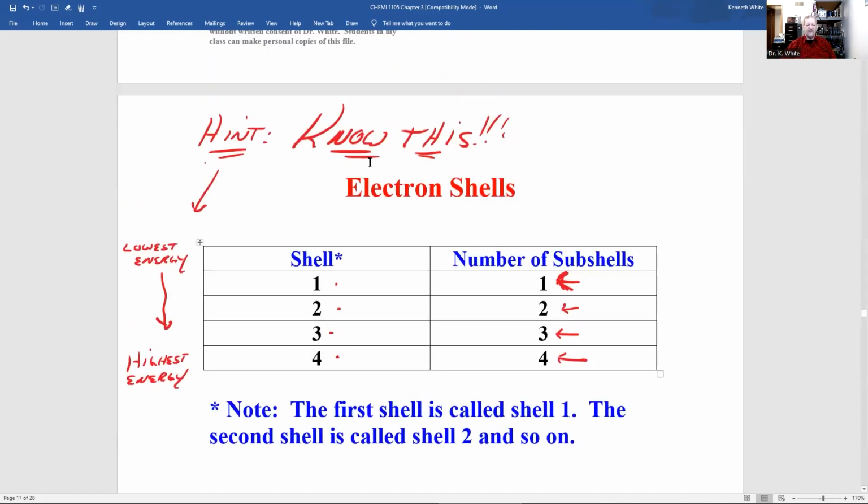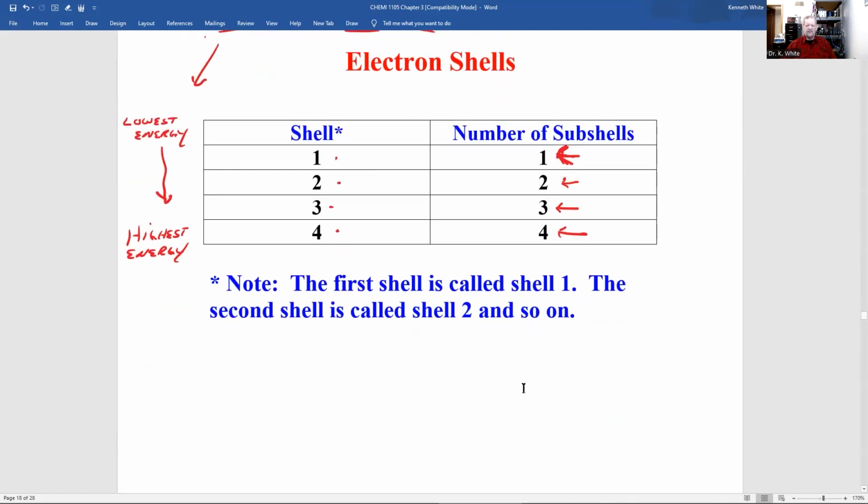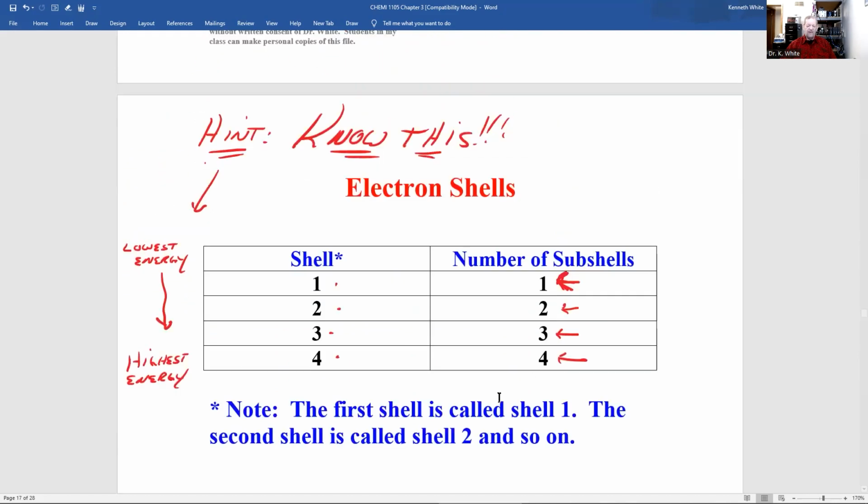Now, one of the things I came up with a couple of years ago when I was challenged in a good way by another faculty member at COD who taught general chemistry like this, also 1211, is this: when I give a test, am I testing your knowledge of chemistry, or your knowledge of chemistry and your memory?